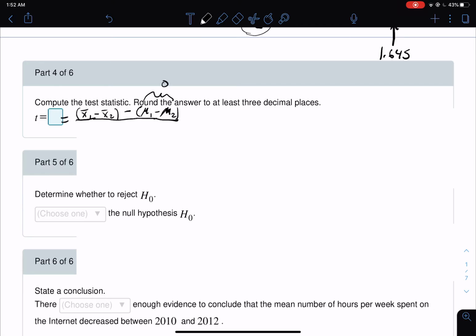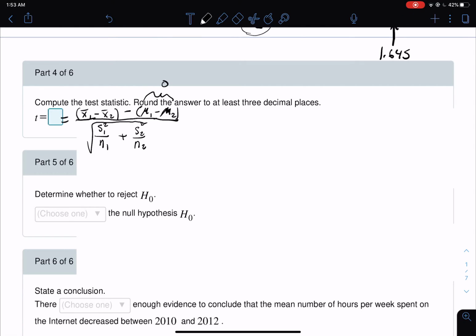Down below is a bit of a mess. We have our sample standard deviation from the first population. That gets squared, divided by the sample size from the first population. And we have our sample standard deviation from our second sample, and that gets squared, and that's divided by the sample size from the second sample, and all square rooted.